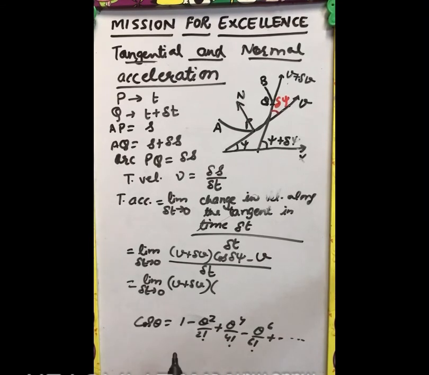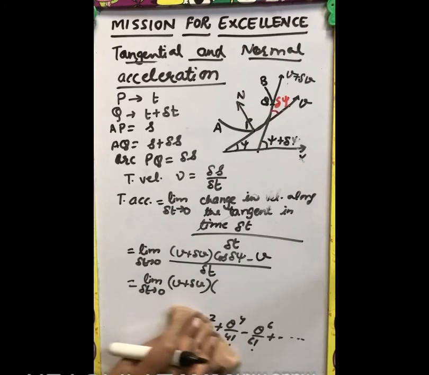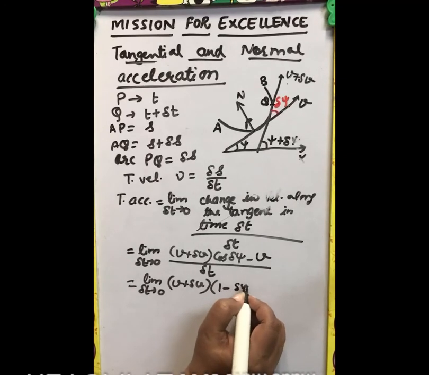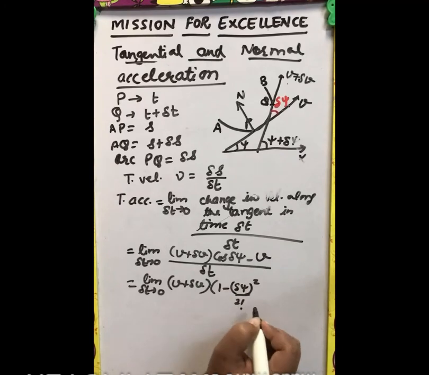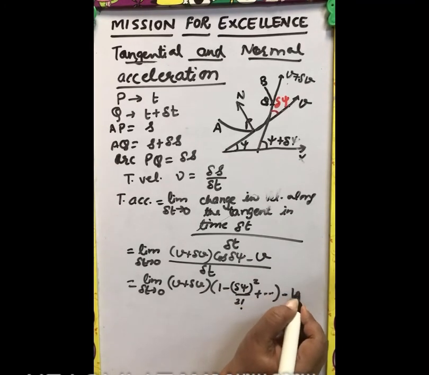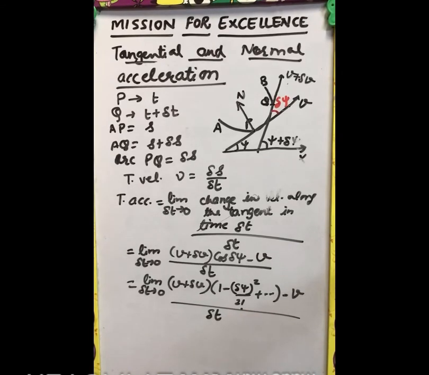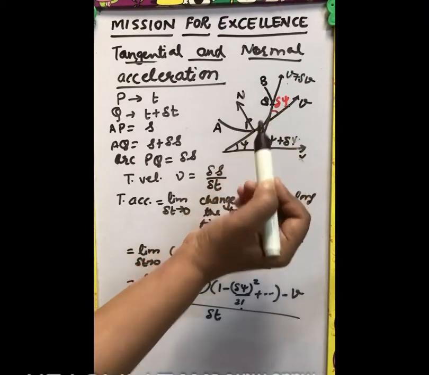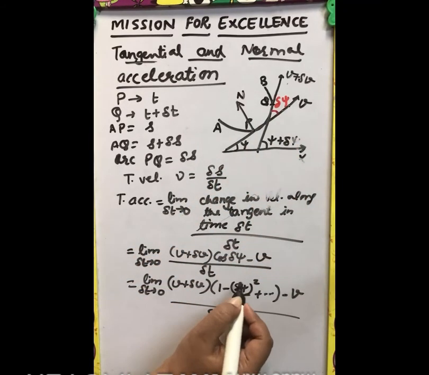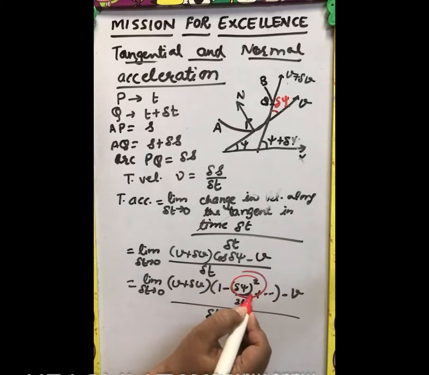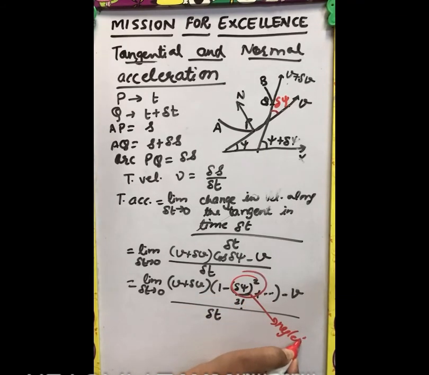So we will use this expansion for cos delta psi: 1 minus delta psi square by 2 factorial plus and so on, and here we have minus v by delta t. Since delta psi is the change in angle and it is very small, delta psi square is a negligible quantity, so we will neglect these terms and higher order terms.